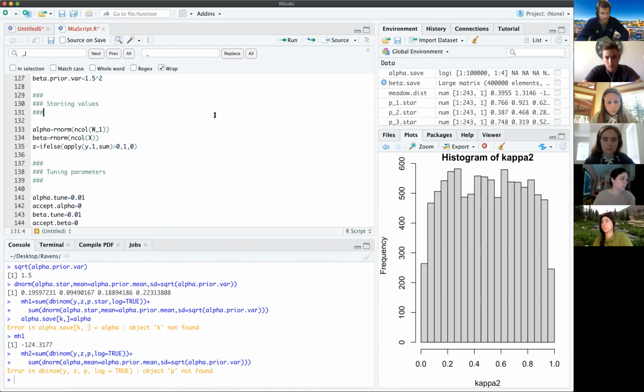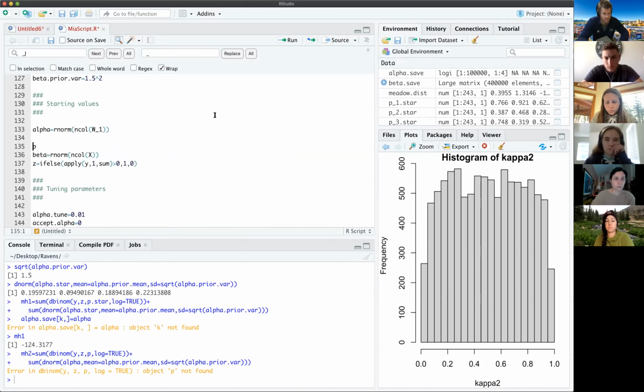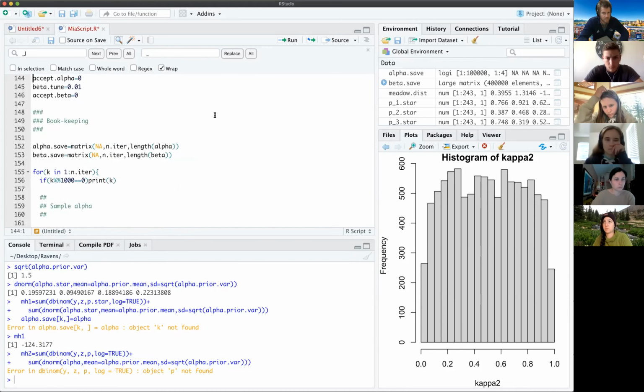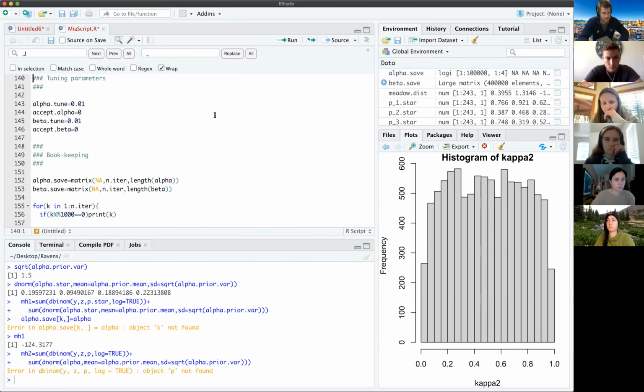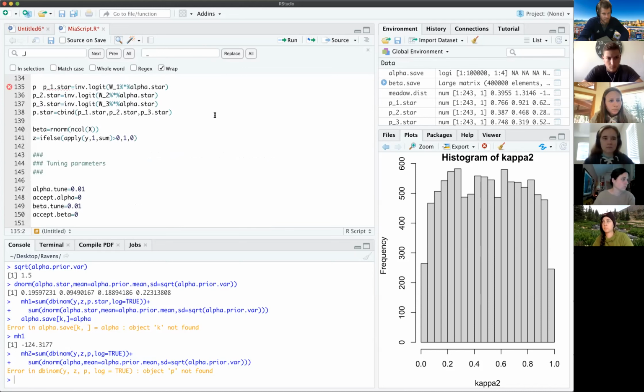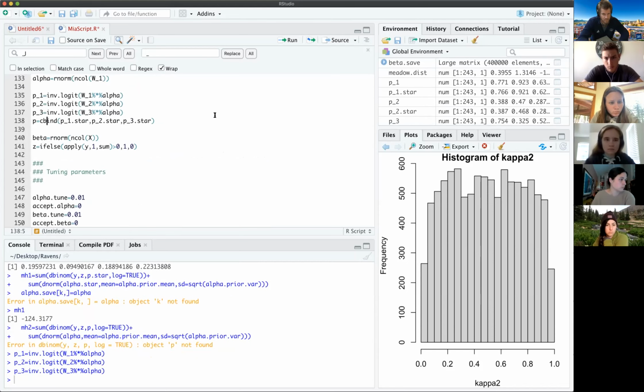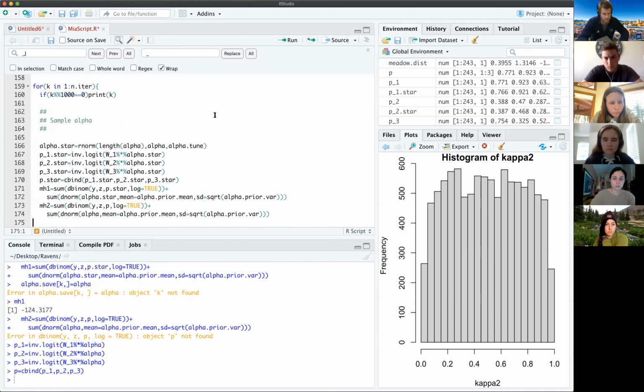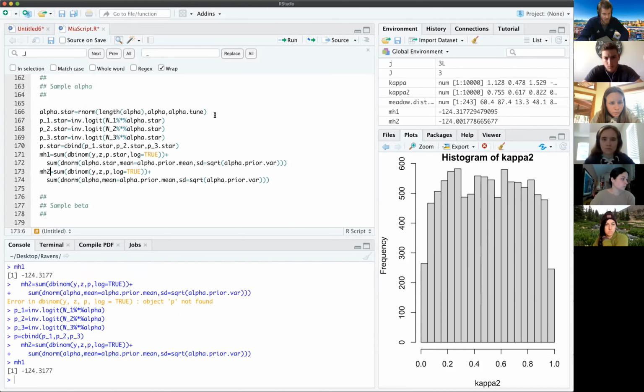And starting values for P. And when we look at MH1 and MH2, they should be pretty close.